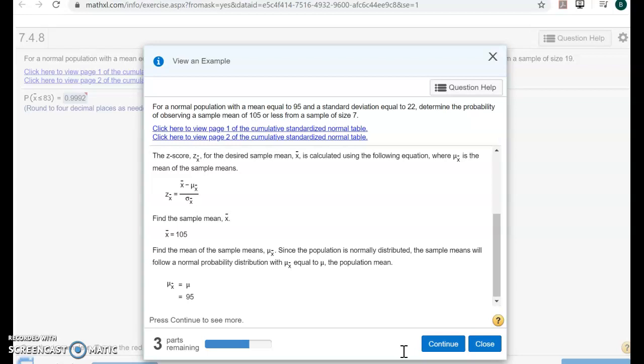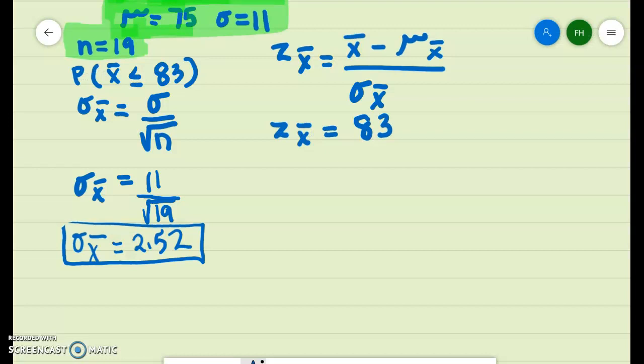So what that means for us when we're doing the z-score is that the mean of the sample would equal the mean of the population. So we can use the population mean for the sample mean.